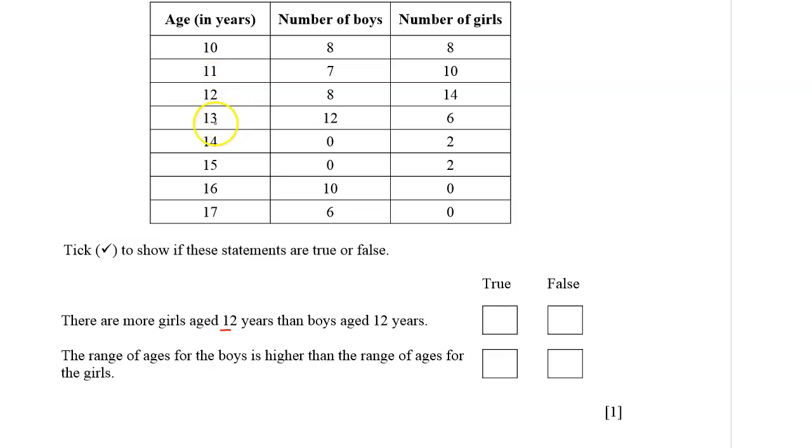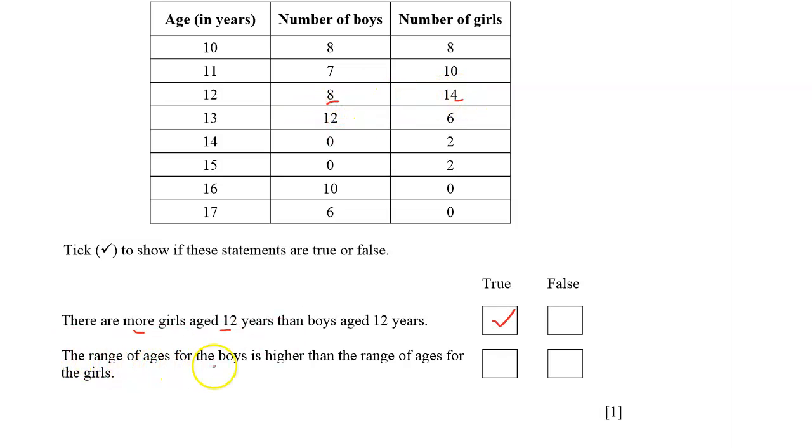So we have 8 boys and 14 girls. That is correct. There are 6 more girls than boys who are 12 years old.